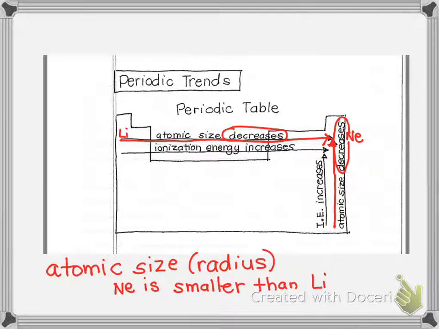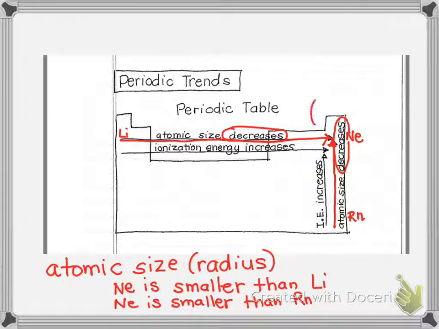If neon is over here, and radon is way down here, I would say neon is smaller than radon, right? Because it decreases as you go from the bottom to the top.